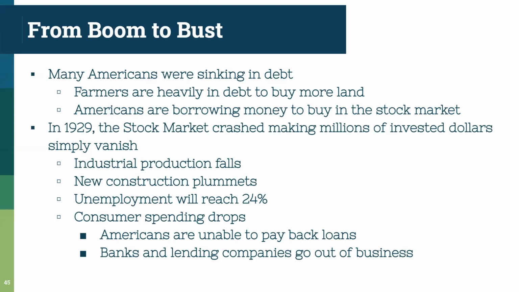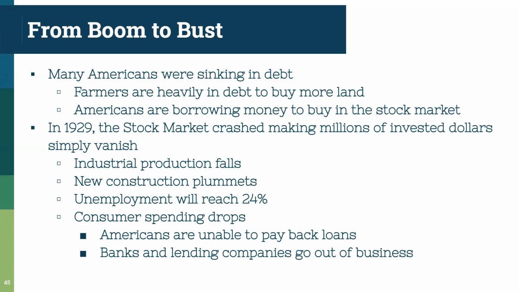Many Americans, even in the middle class, begin to borrow money to buy in the stock market, which is fine as long as the stock market goes up and you can pay your money back. But if you borrow money and the stock market goes down, it's going to be difficult to pay that money back.